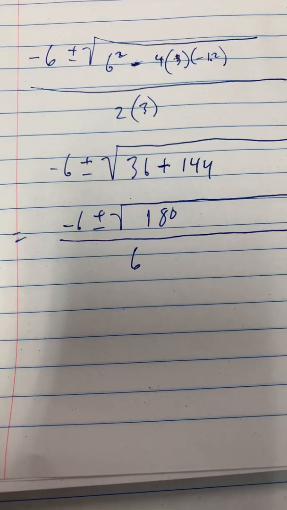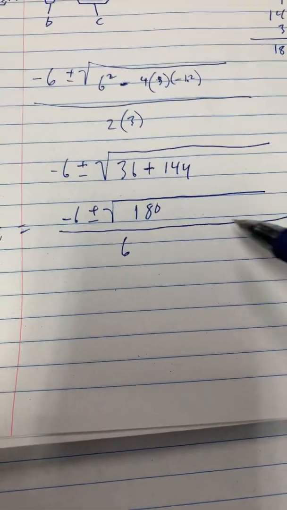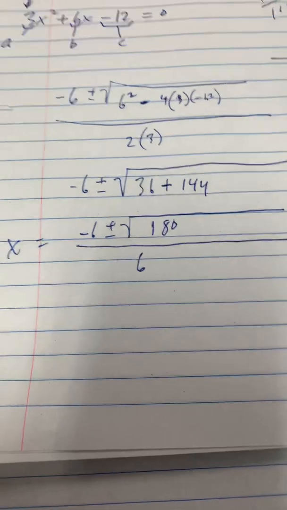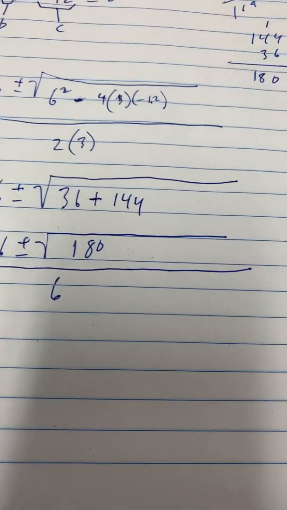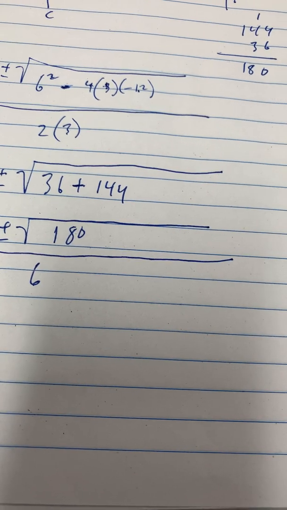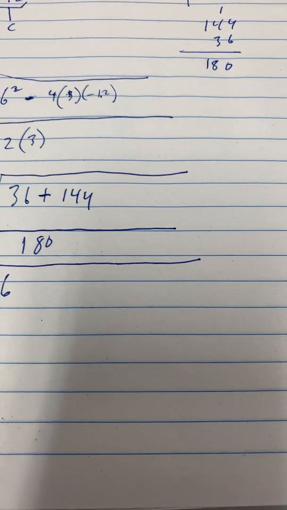And then 14 times 14, no, so 180 is not a perfect square. But we can go ahead and simplify that radical there.